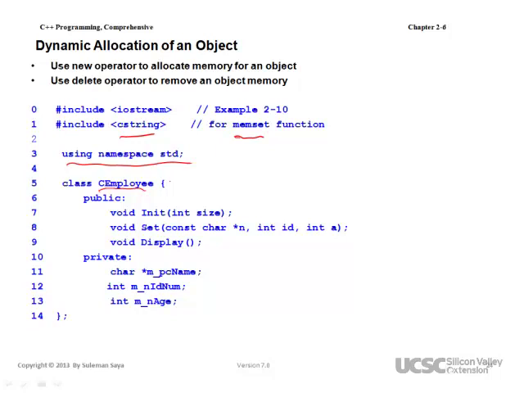Within the class, the very first thing I have is three member functions in a public section. Init, which takes one integer parameter and the return type is void, and then I have a set function, which takes a constant character pointer, and then another parameter of type integer, that is id, and a third parameter that is an integer as well.